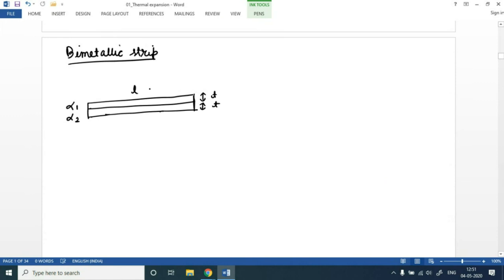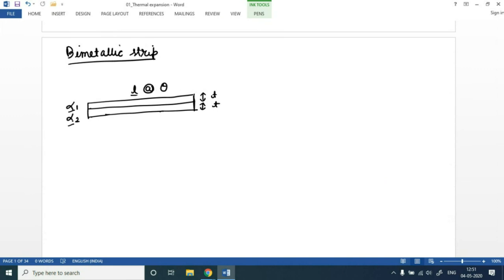Let's say at theta degree Celsius its length is L at theta. If the temperature is changed from theta, this is basically straight, as you can see in the diagram. But when the temperature changes, since the coefficients of linear expansion are different for both materials, they will try to expand by different lengths.